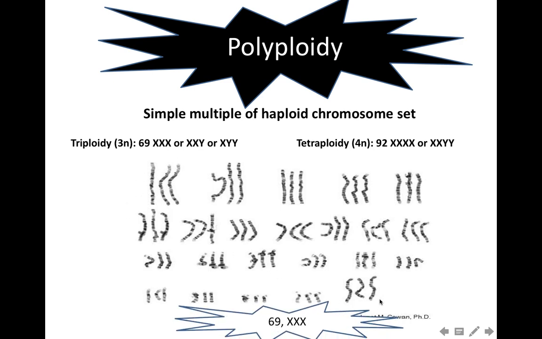How about the sex chromosomes? You can see they are the X chromosomes. So, comma, X, X, X. So this is the description of this karyotype, and the pathology here, or the name of the abnormality here, is triploidy.